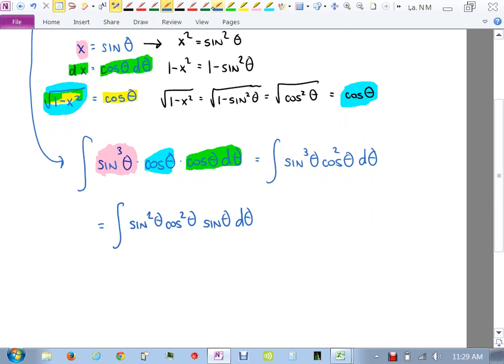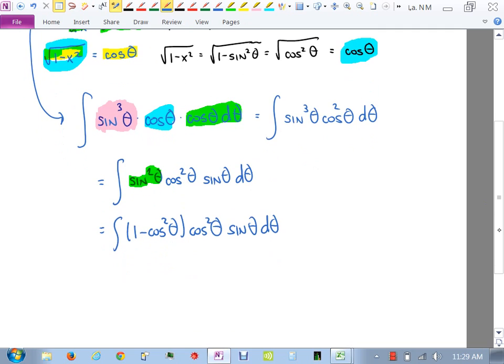Then I would switch my sine squared theta to a what? 1 minus cosine squared theta. And then I'd have cosine squared theta, sine theta d theta. And then I would distribute the cosine squared theta through the parentheses. Yes?